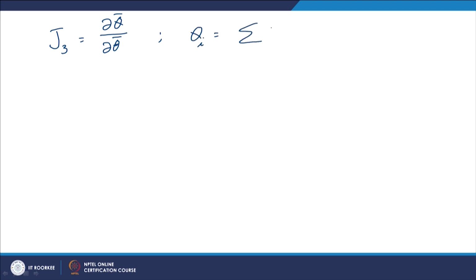Qi is the sum of Vi Vj Yij sin(theta i minus theta j minus alpha ij), j equal to 1 to n, and as usual we take the ith term.